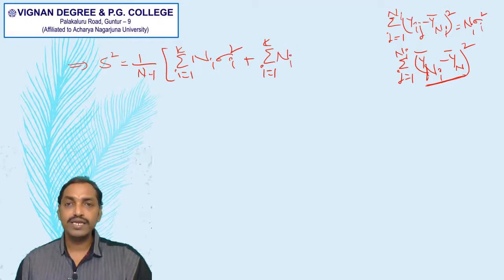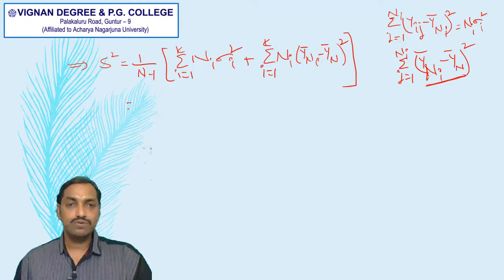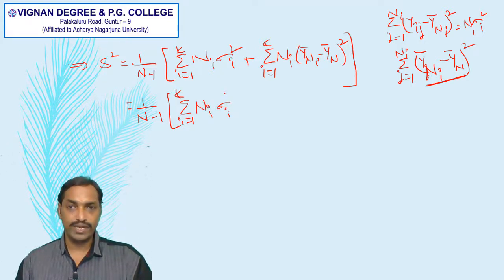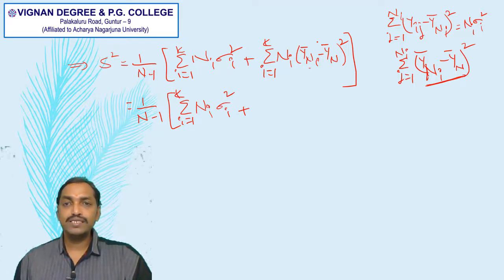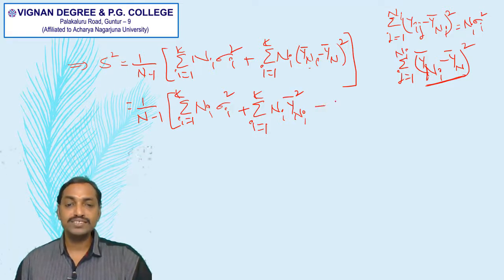That's why here we write capital Ni into Y N i bar minus Y N bar whole square, which is equal to 1 by N minus 1 into summation i equal to 1 to k Ni into sigma i square, plus, by using the a minus b whole square formula and simplifying, summation i equal to 1 to k Ni into Y N i bar whole square minus capital N into Y N bar square.